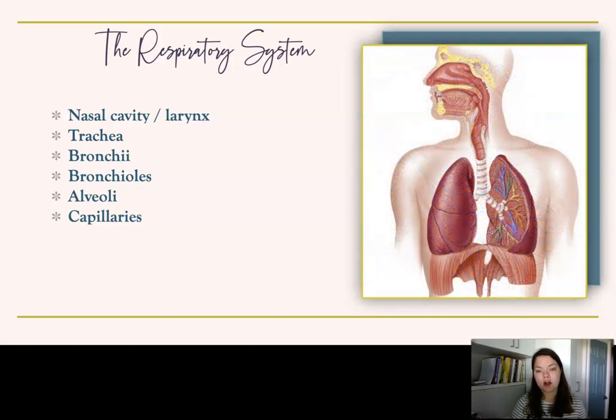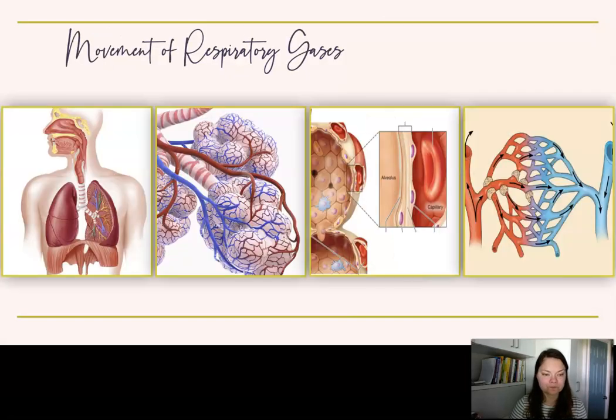So if we take a look at all of those pieces, the bronchi, bronchioles, alveoli, capillaries, all of that makes up the lungs. And so we're going to look at how different gases move into and out of the respiratory system.